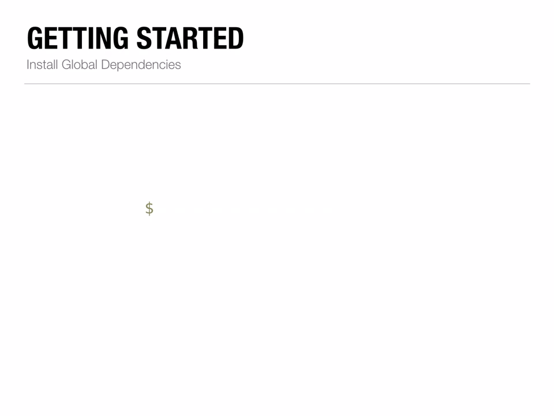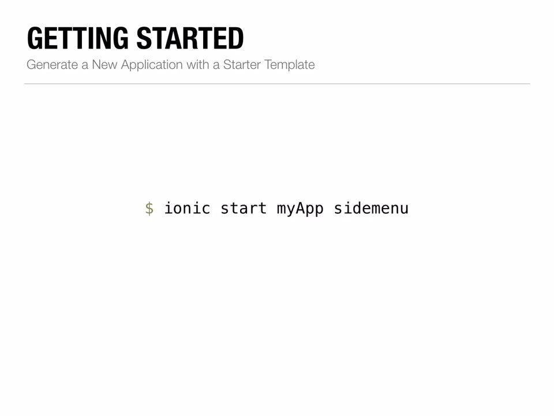Okay, so here we go. Installation is very simple. You're going to use npm to install Cordova and Ionic globally. It's just npm install -g cordova ionic. Enter. Next, you're going to use the Ionic CLI to create a new project. And this is done with ionic start and the name of your new application, whatever you want to call it. The final parameter on the command here is, we've used sidemenu.